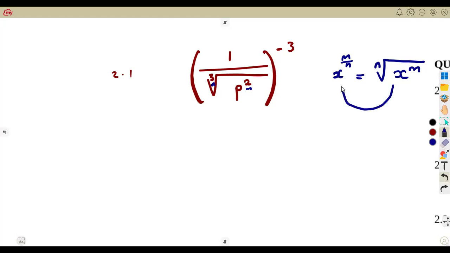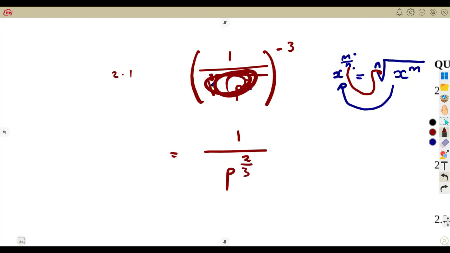So this was going to be 1 over p to the exponent of what? 2 over 3. Take note: the denominator is the number that is inside of the root, and the numerator is our exponent. So that's 2 over 3.